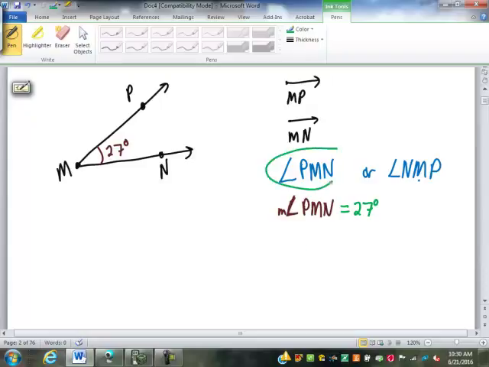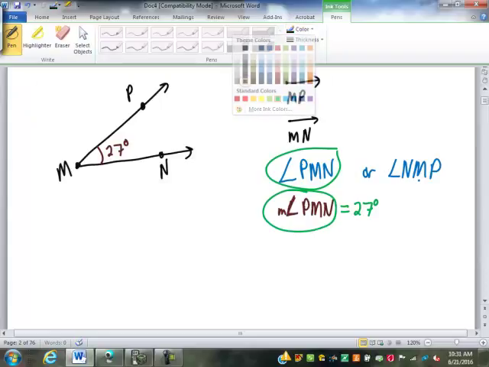So this is just referring to the angle itself. This is referring to how big is it? How many degrees is it? You won't be tested directly on that, but in my math lab, you'll see that symbol come up. M angle ABC equals blank. Well, you have to know that. Oh, that's asking you to find the degrees.